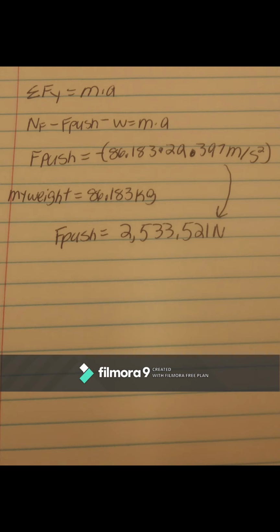When I calculate my force push, I get negative 2,533.521 newtons. This is negative, and it makes sense because I am applying it to the ground, and all the force is directly under my hips to project me over the hurdle.